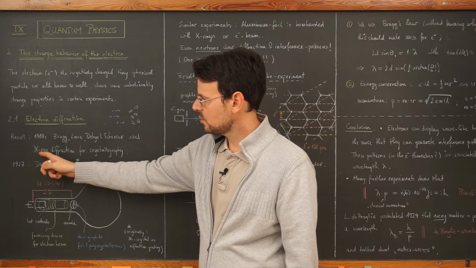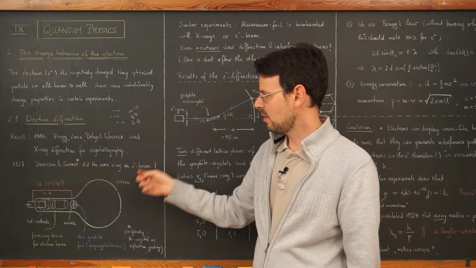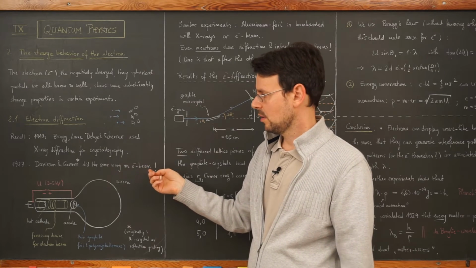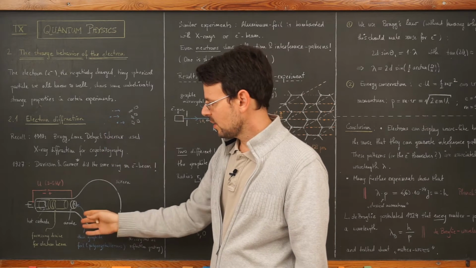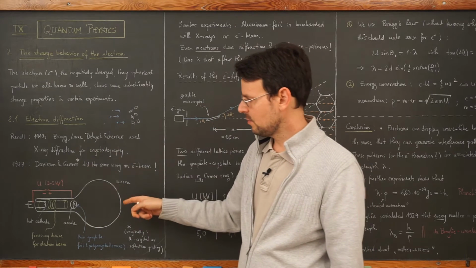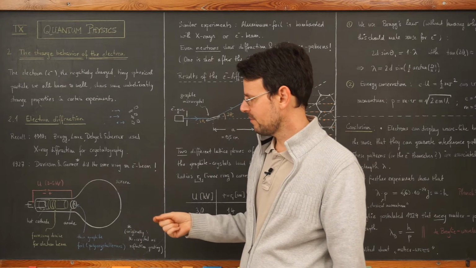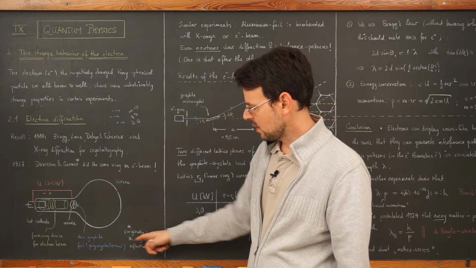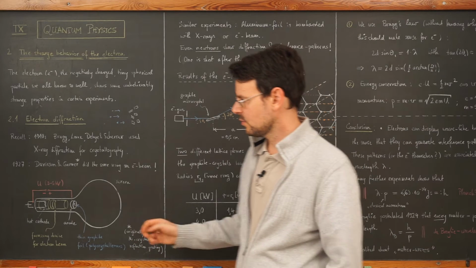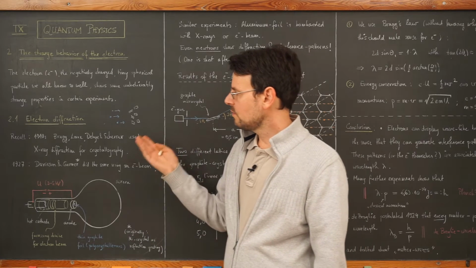But they didn't use electromagnetic waves, X-rays in that case, but a beam of electrons. So they shot an electron beam at a target. In the experiment that we are going to do, this is a thin graphite foil with a lot of graphite microcrystals in it. They back then used a nickel crystal, but that doesn't really matter, the result was about the same. So what would we expect?